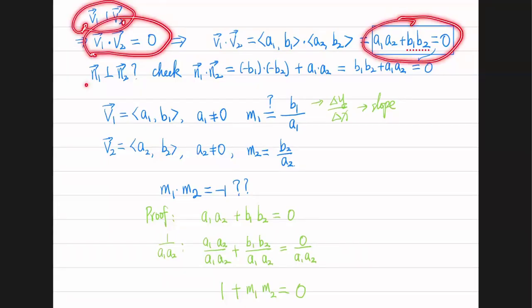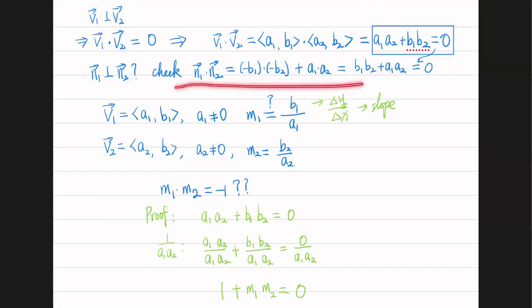Then to check if the normal vector is also perpendicular, Amy had the geometric argument. This is the corresponding algebraic argument. We find the dot product of the two normal vectors. It's the same as this one, so it's also 0. So we checked it is perpendicular.